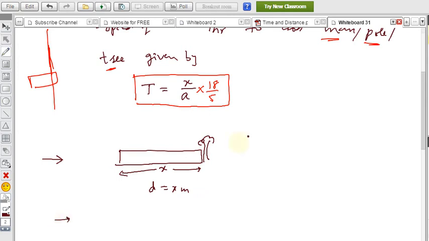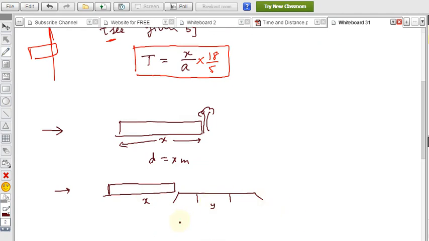For example, the same train, if it crosses a bridge, this is x and this is y. In this case, we consider the distance as x plus y, because the train length is x and the bridge length is y.